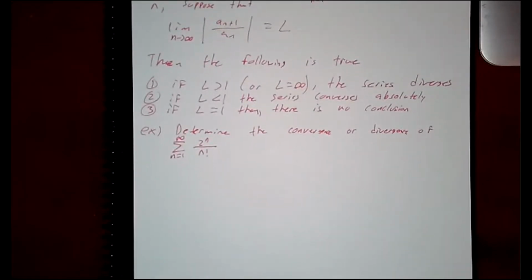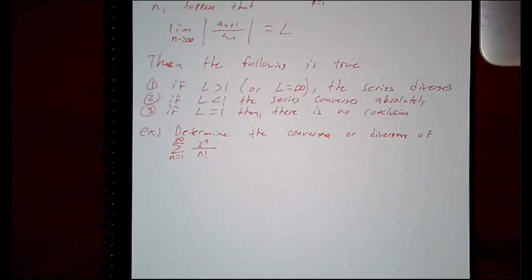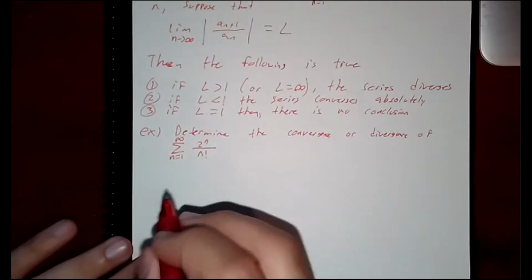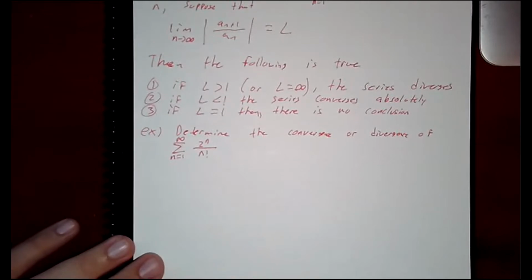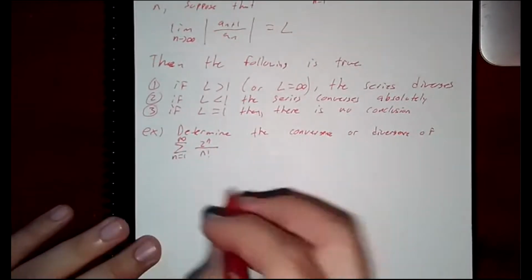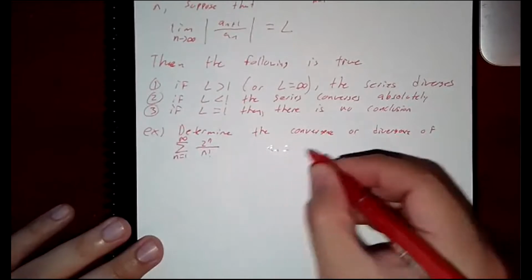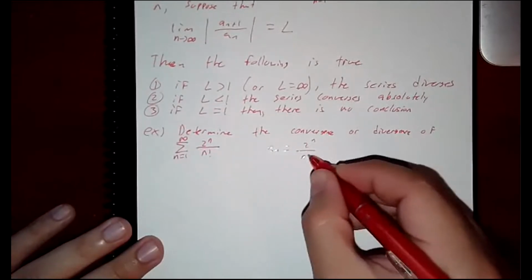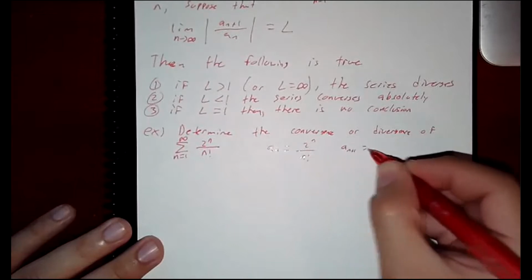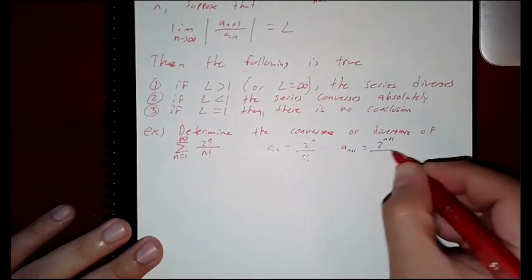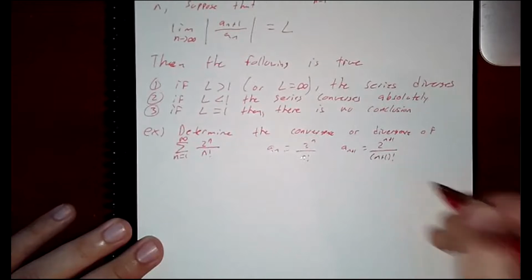All right, so 2 to the n over n factorial. Whenever you see a factorial, you want to use the ratio test. So let's use the ratio test. So a_n is equal to 2 to the n over n factorial. a_(n+1) is equal to 2 to the n plus 1 over n plus 1 factorial.